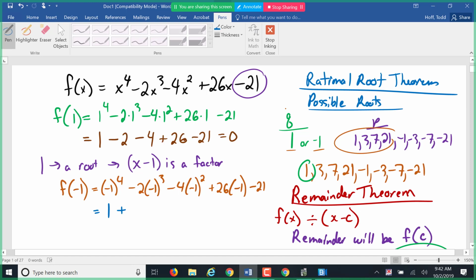Negative 1 to the third is negative 1 times negative 2 is a positive 2. Negative 1 squared is 1 times negative 4 is negative 4. 26 times negative 1 is negative 26. And then the minus 21. Well, 1 plus 2 is 3, minus 4 is negative 1, minus 26 is negative 27, minus 21 is a negative 48. Negative 1 is definitely not a root.